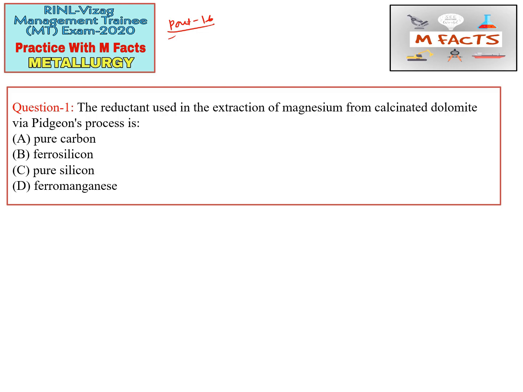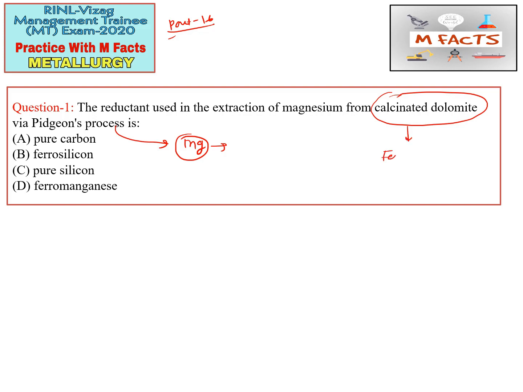For this video, the first question is: the reductant used in the extraction of magnesium from calcinated dolomite via Pidgeon process is. I have already told you about the Pidgeon process in one of the videos. It is used for the extraction of magnesium, and in this production we use calcinated dolomite along with silicon.